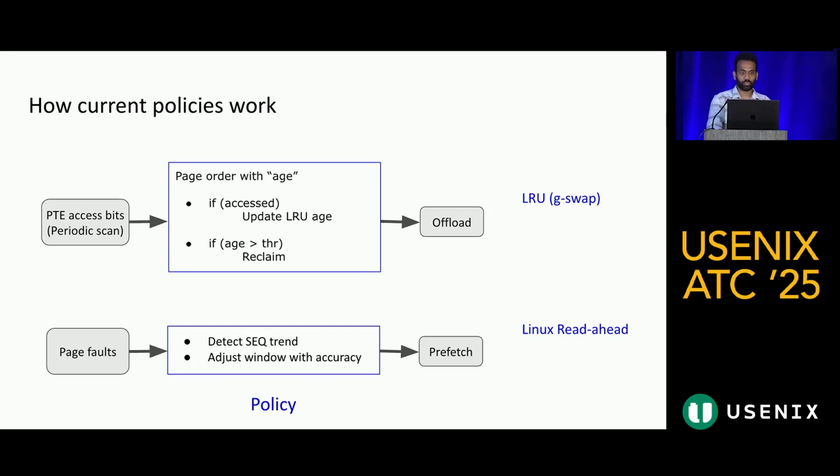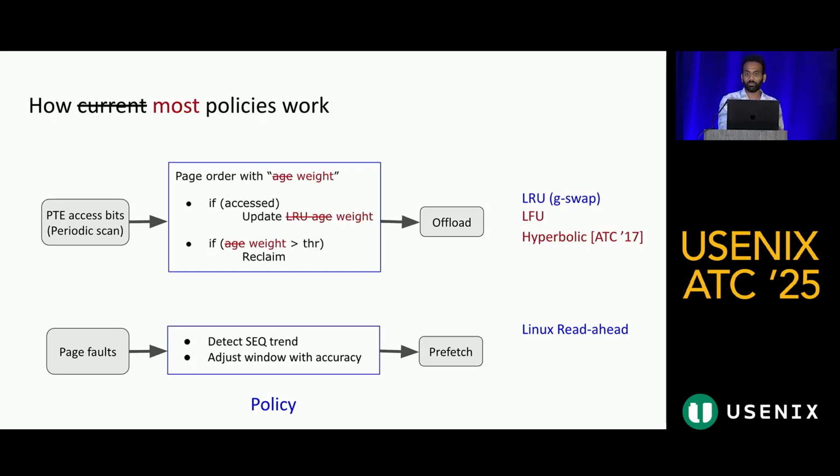And similarly for prefetching, you look at the stream of page faults, detect a sequential trend, and try to prefetch the pages that come later in that trend. What we observe is that even for most policies, the signals remain the same, and you can implement a lot of these policies by just generalizing some aspects of this.